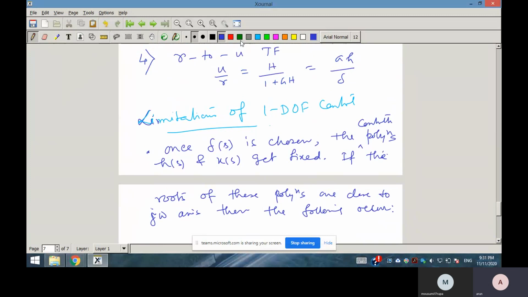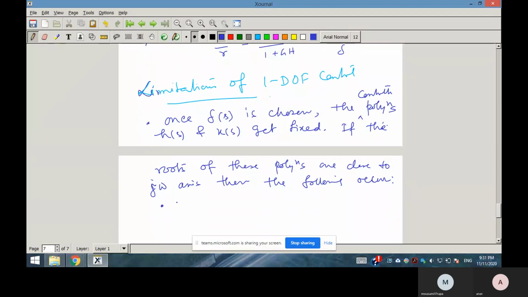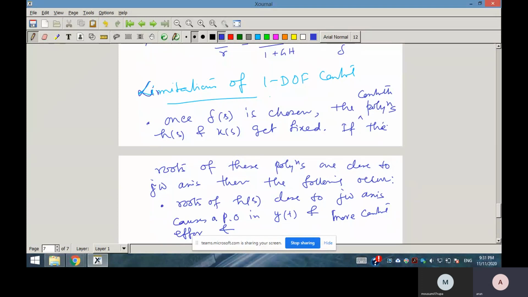One, roots of HS close to the j omega axis cause A, more peak overshoot in y(t), B, more control effort, and C, poor noise attenuation.